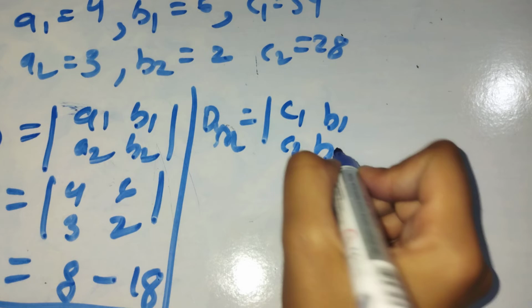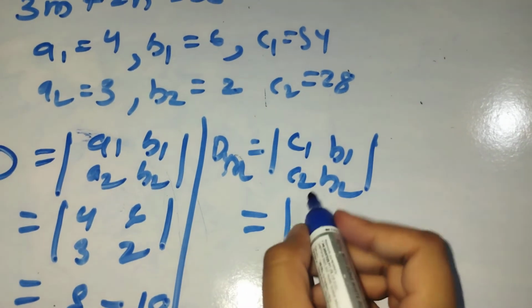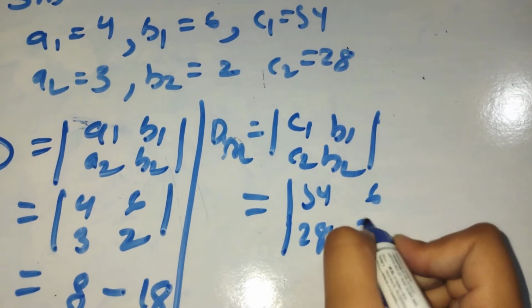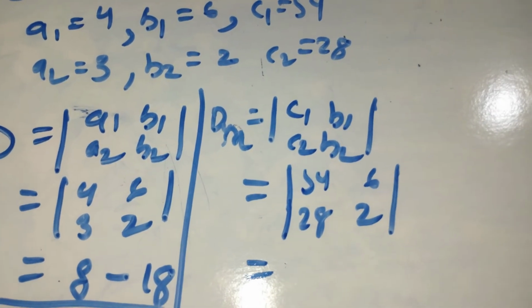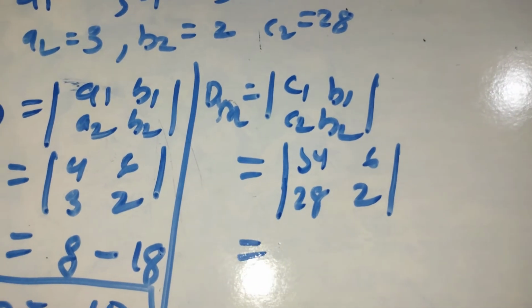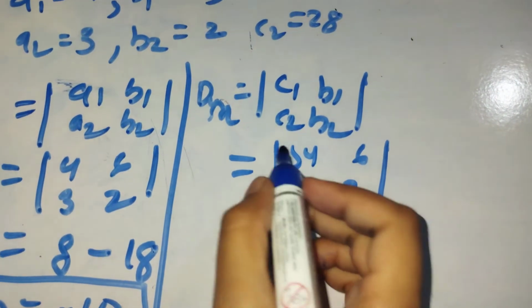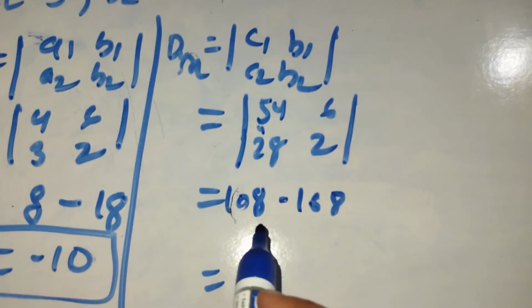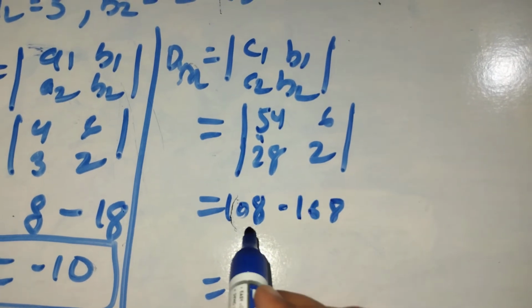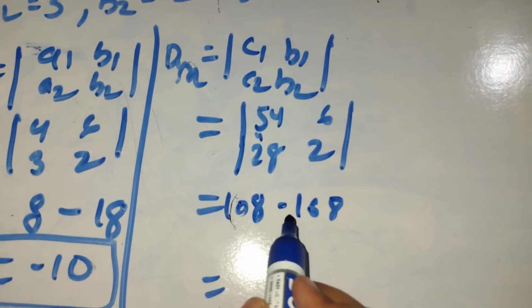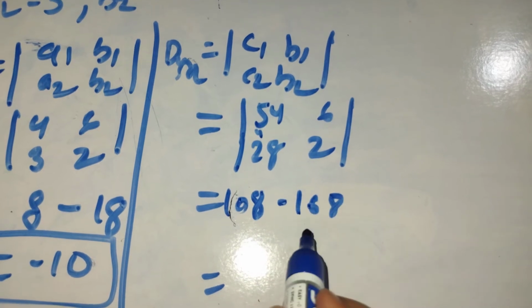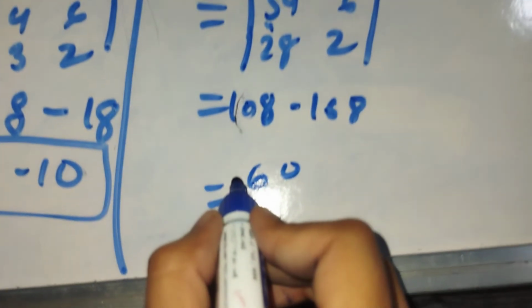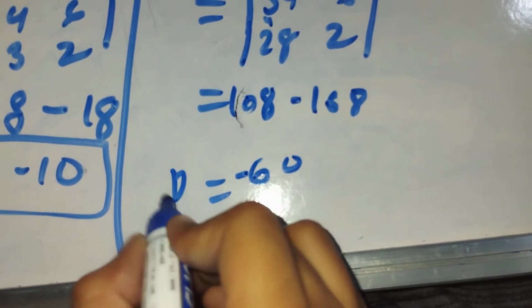This is our formula with c1, c2, b1, b2: c1 is 54, c2 is 28, and b1 is 6, b2 is 2. Since these are bigger numbers, first multiply on a rough paper and then write it down. 54 multiplied by 2 is 108, and minus is the formula sign, and 28 multiplied by 6 is 168. After subtracting we get minus 60. Okay, minus 60 is dx.